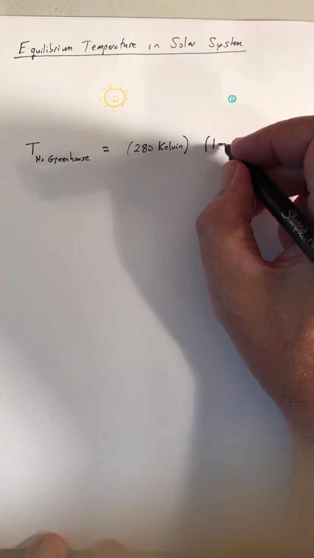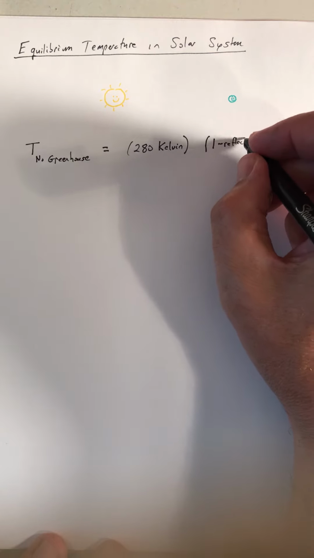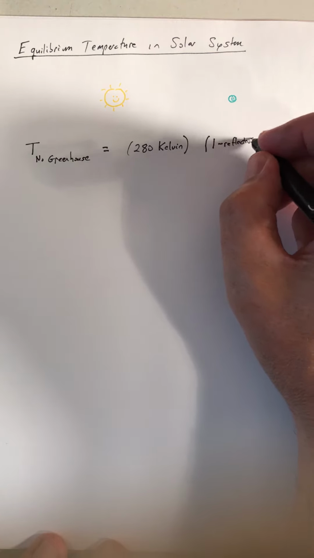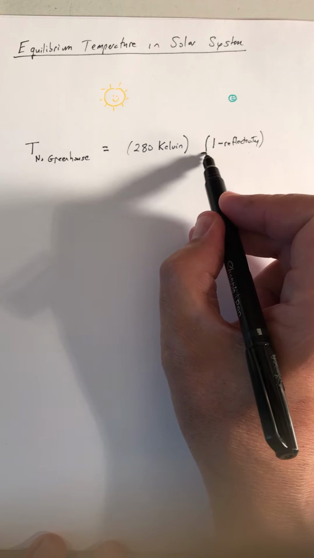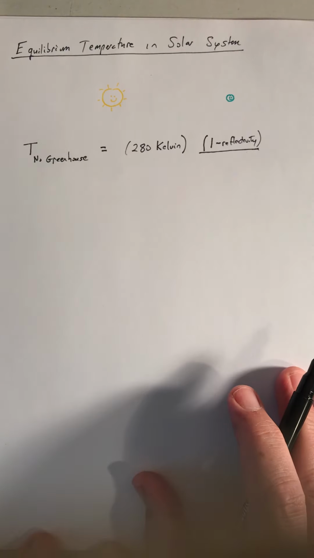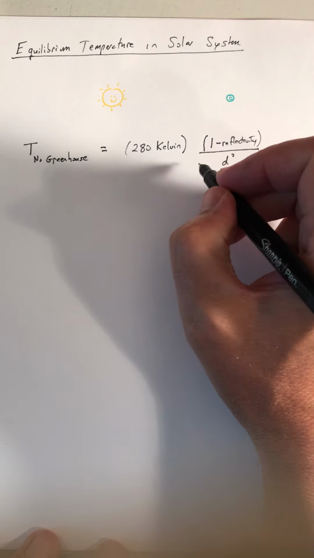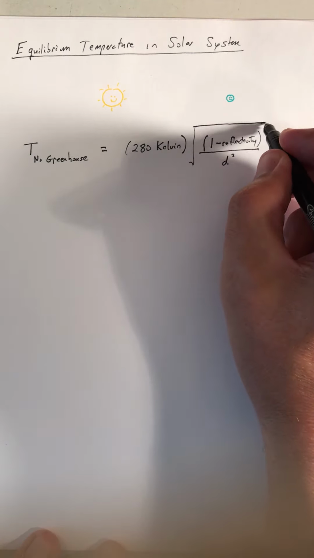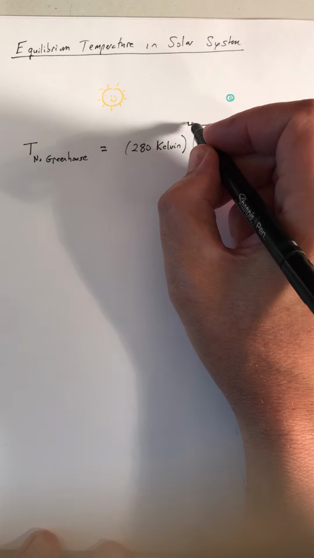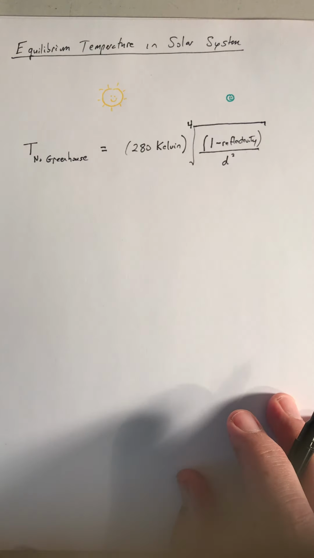When you flip that around to solve for the temperature, you wind up taking a fourth root. So I have a factor of 1 minus the reflectivity of the object in the solar system over distance from the sun squared, and then that is all under a fourth root.